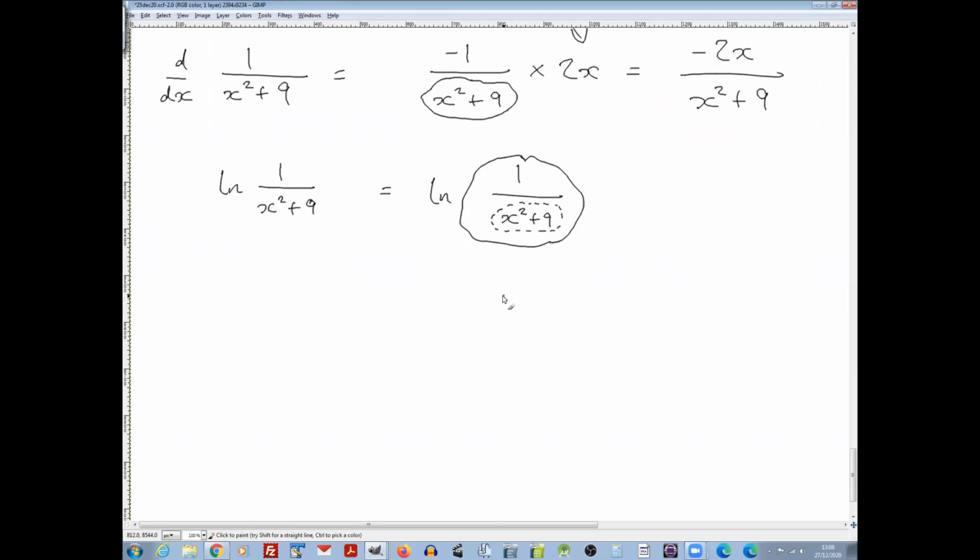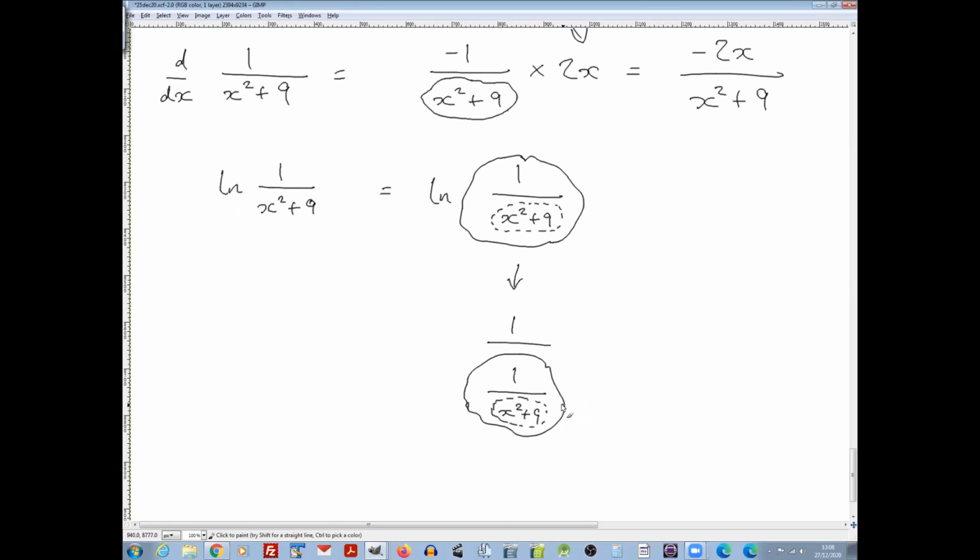So let's say, okay, firstly, ln becomes what? ln becomes 1 over the same stuff. And the fact that it's 1 over something just means that it would flip over.